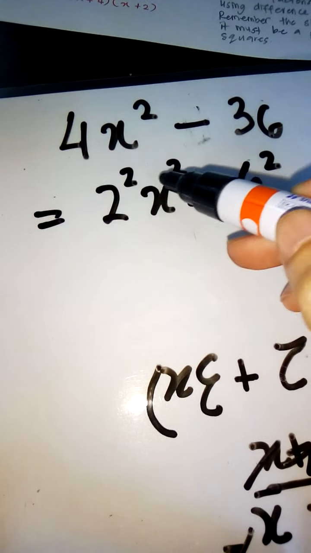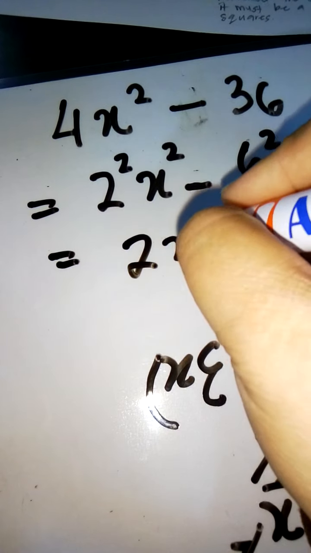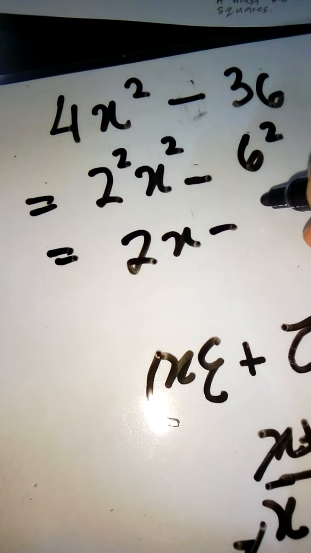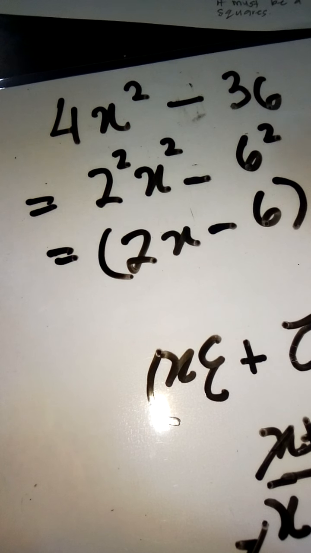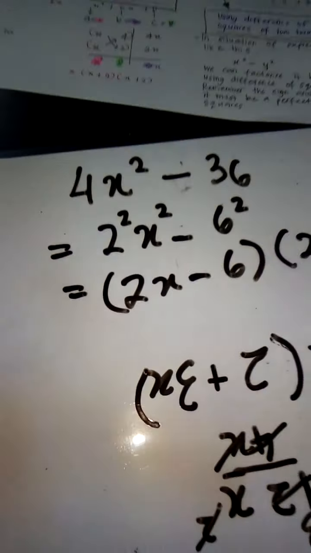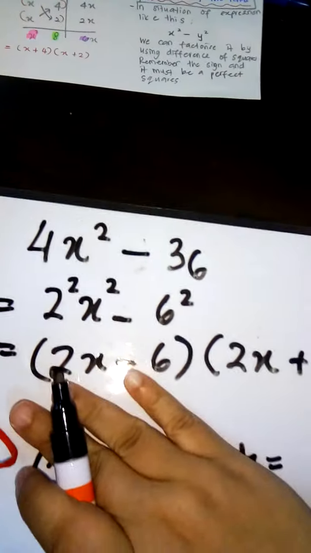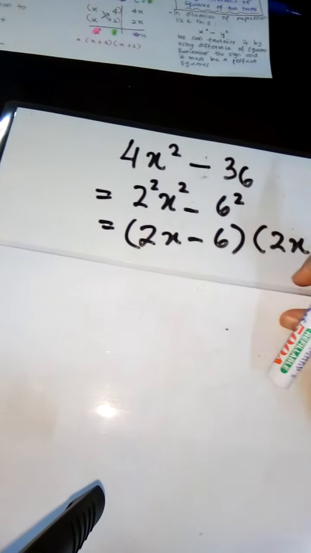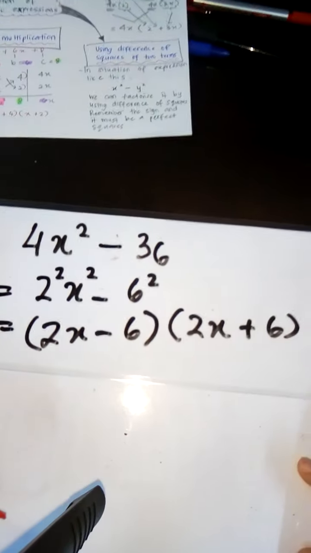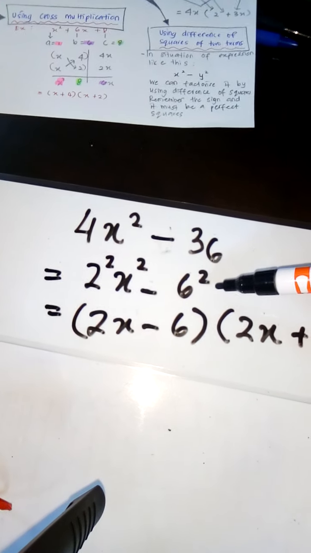So since you got all of this, it will become 2x minus 6, bracket, 2x plus 6. Okay, so it becomes like this. From this you turn it into all squares.